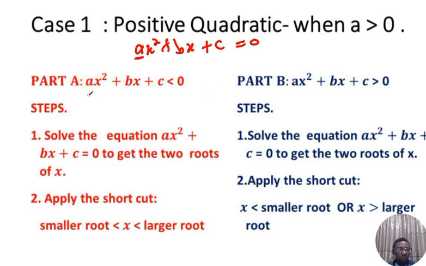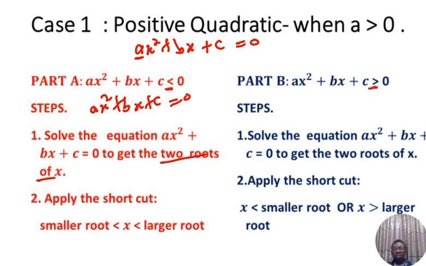Part A is when you have ax squared plus bx plus c less than 0, while part B is when you have ax squared plus bx plus c greater than 0. We have two simple steps here. You are going to solve the quadratic equation normally, ax squared plus bx plus c equals 0, to get the two roots.